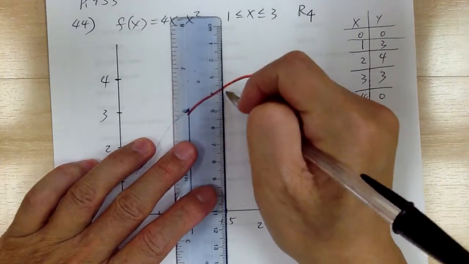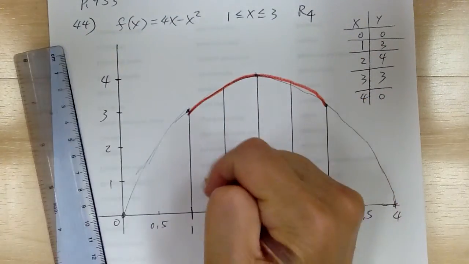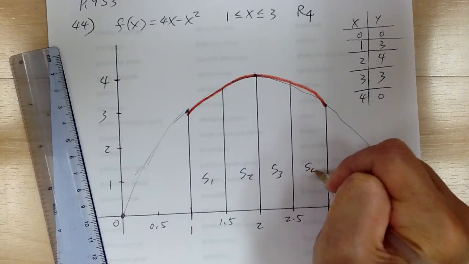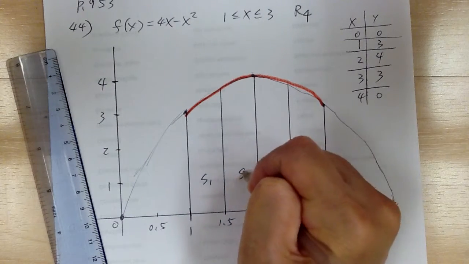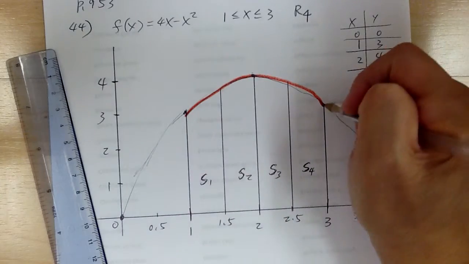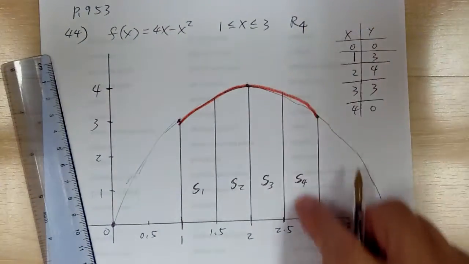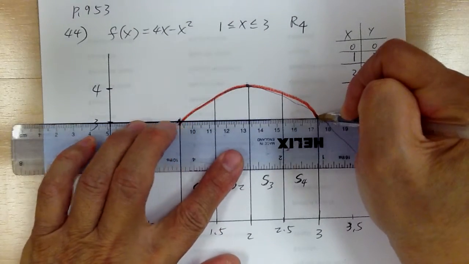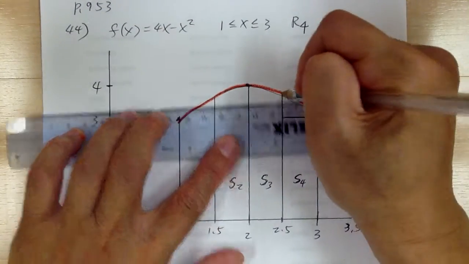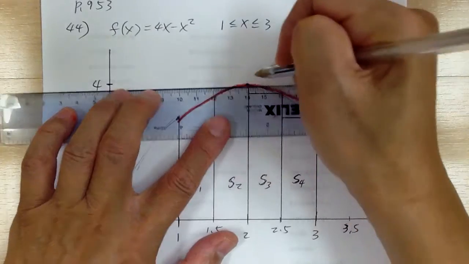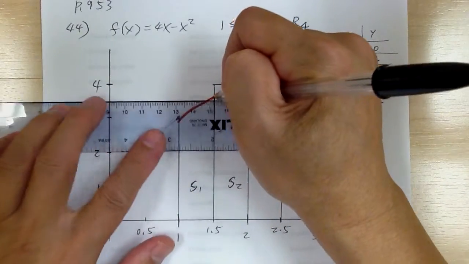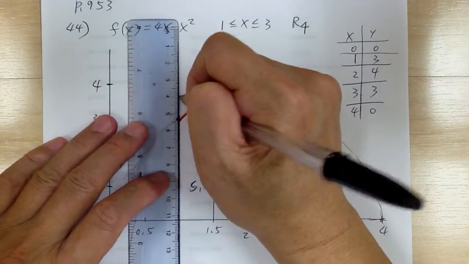So that's your S1, S2, S3, and S4. And again, you want to use the right hand side. For each strip, you want to use the right side as your height. So this one you're going to get here, and this one right over here, this one right over here, and this one right over here.